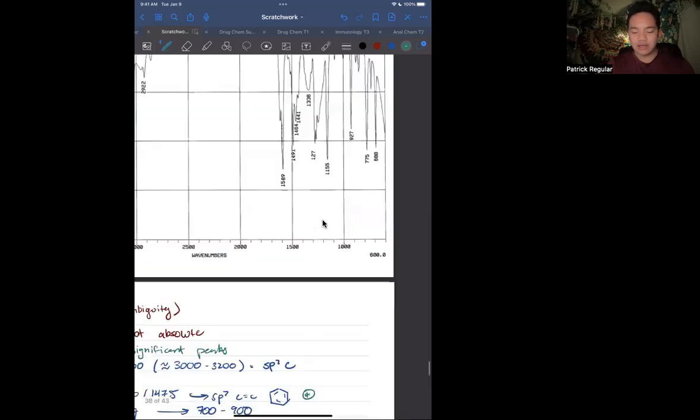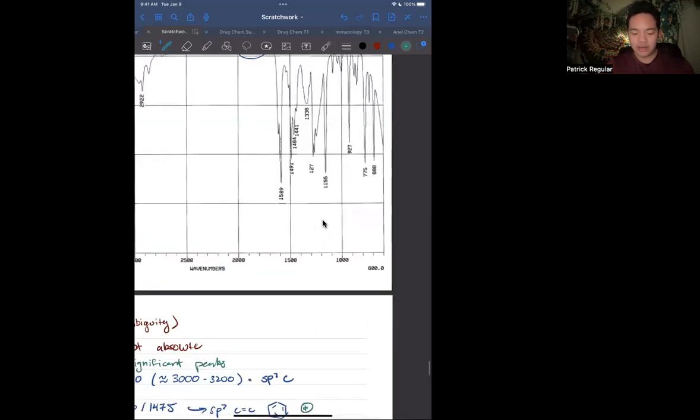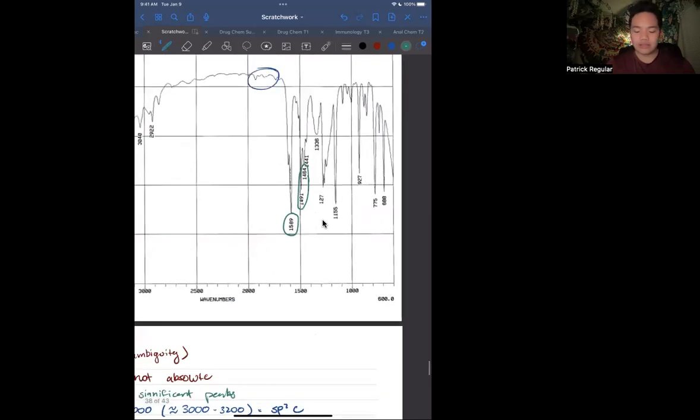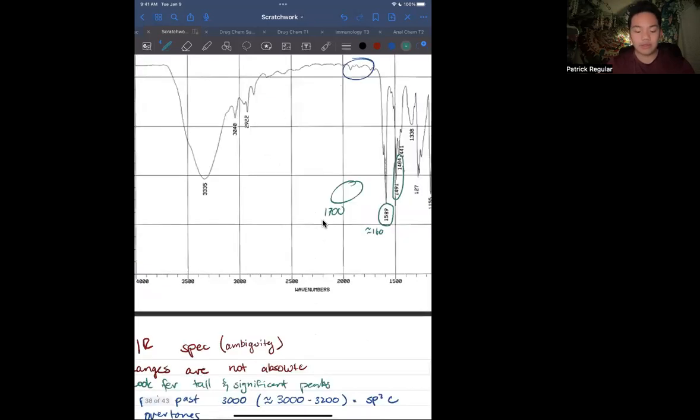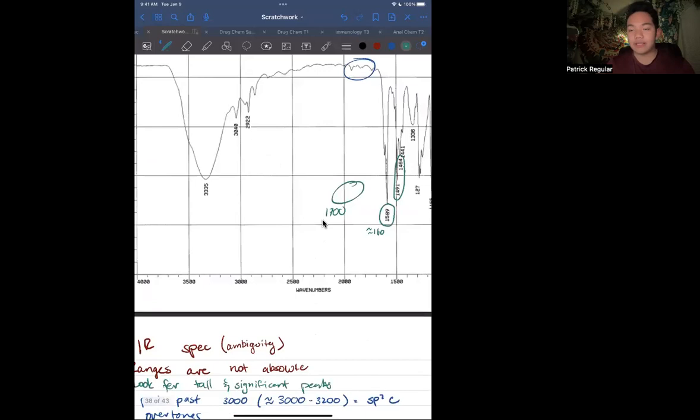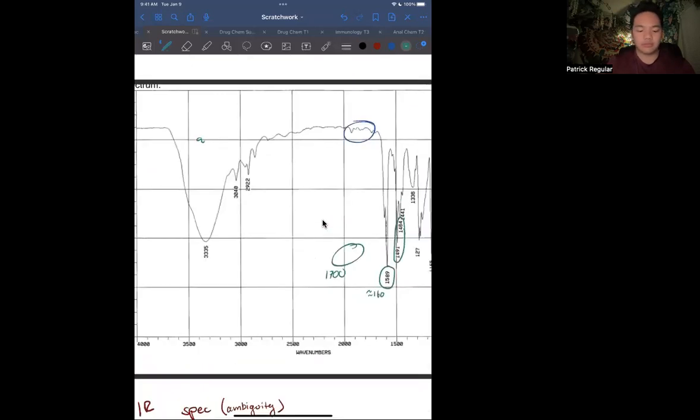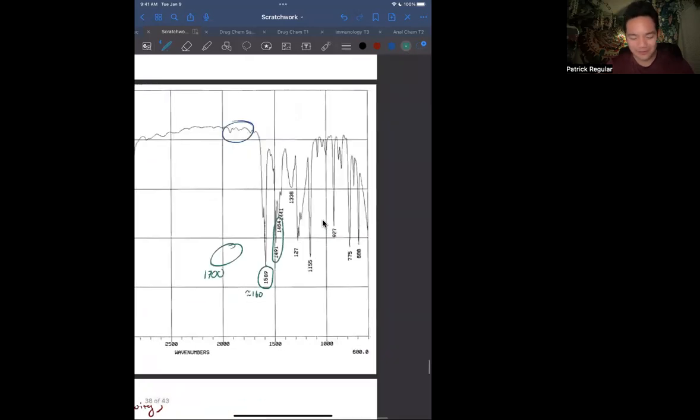What I'm saying is, for the aromaticity, let's say you have a 1600 peak, 1491, 1464, whichever one of those. If that's pretty much our 1600 peak, there's no 1700, there's no carbonyl, and there's an OH peak, my money's going to be on an alcohol. We'll go over the flow chart later, so don't worry if you're freaking out about that right now.